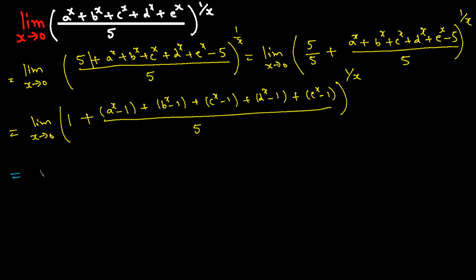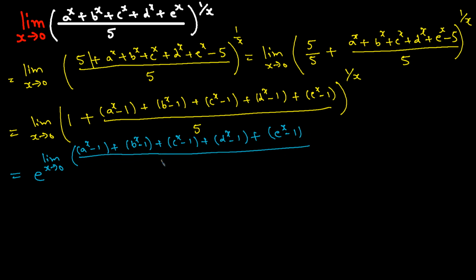And the limit of that function is e raised to power limit x approaches to 0. So it's going to be f of x, which is basically this, and divide by g of x. So I got a raised to power x minus 1 plus b raised to power x minus 1 plus c raised to power x minus 1, d raised to power x minus 1, and e raised to power x minus 1.